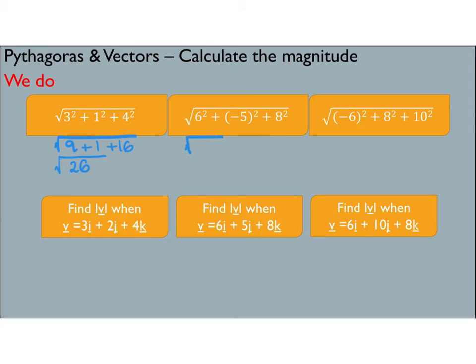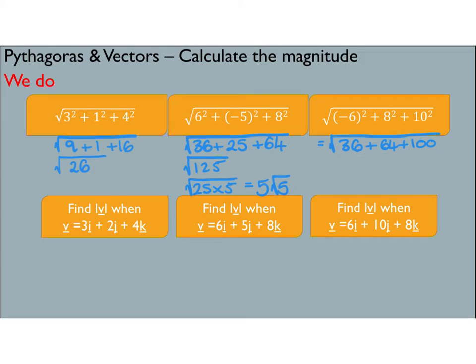Next one. Square root of 125. 25, how many 25s? 5 of them. The square root of 25 is 5, and I don't know what the square root of 5 is.